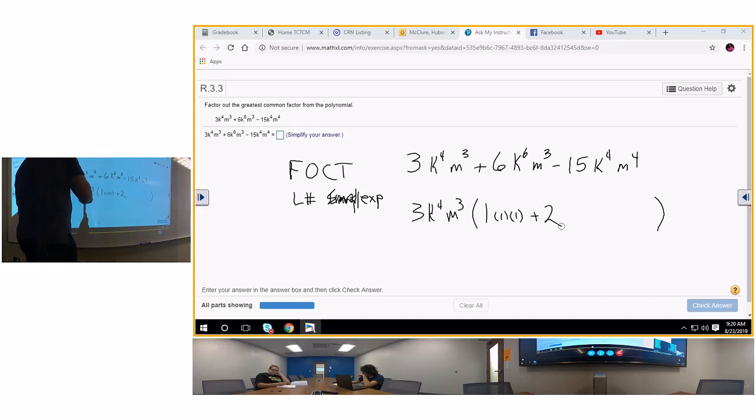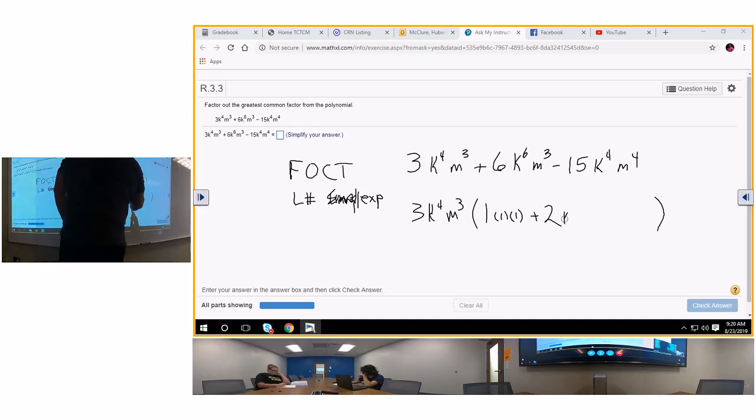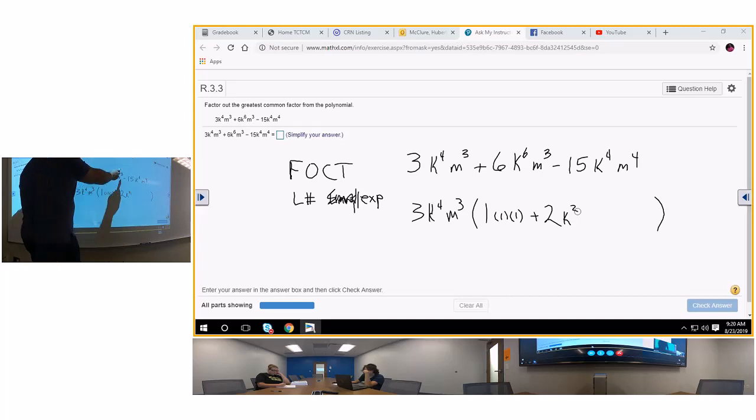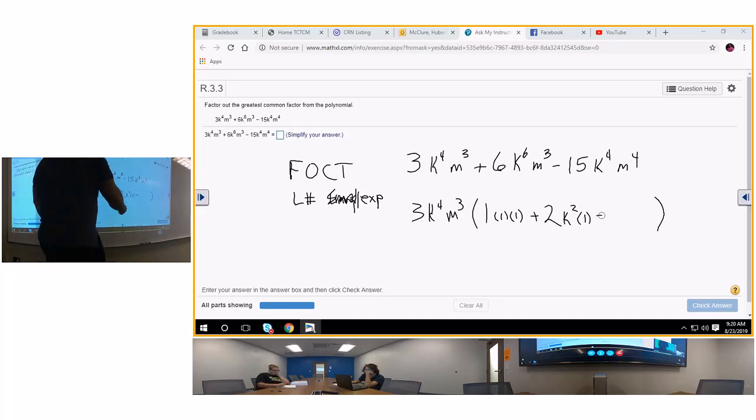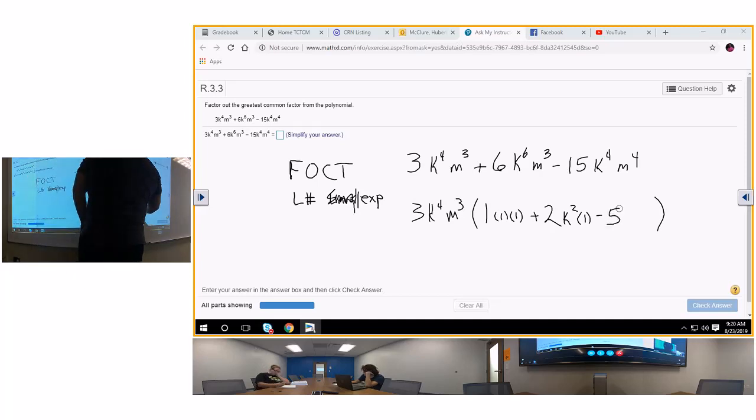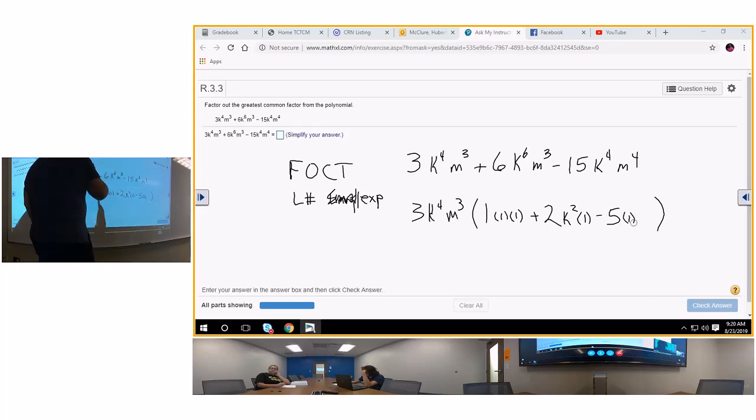What's k to the 6th divided by k to the 4th? 6 minus 4 is? What's m to the 3rd divided by m to the 3rd? What's 15 divided by 3? What's k to the 4th divided by k to the 4th? What's m to the 4th? What's 4 minus 3?